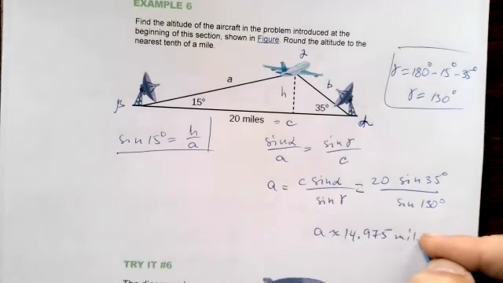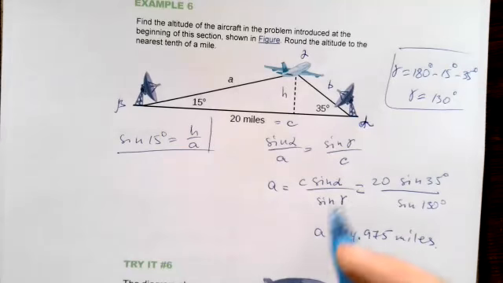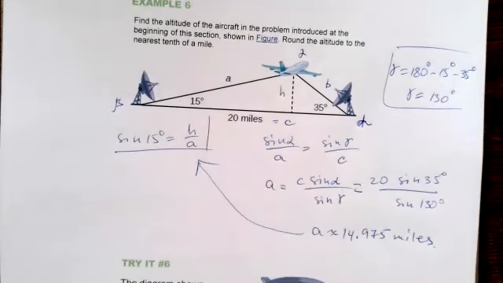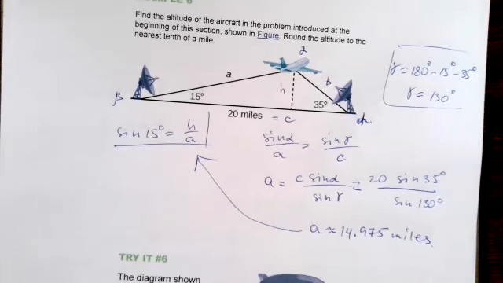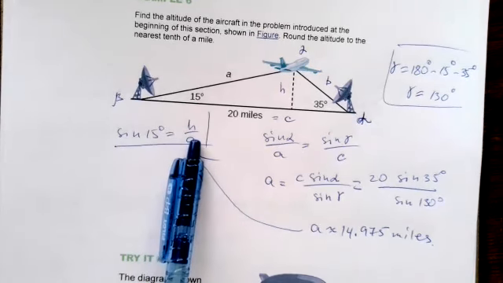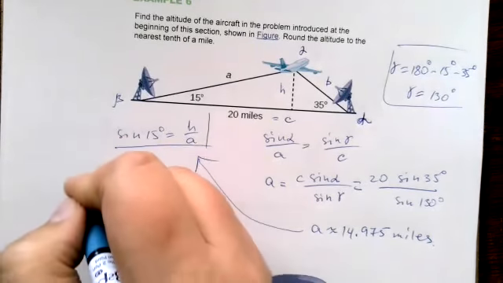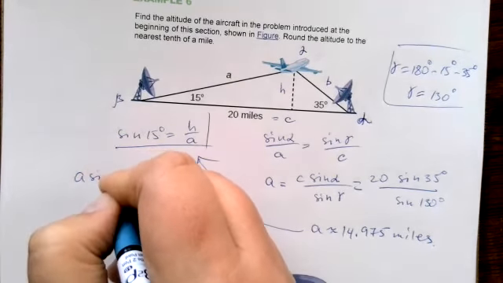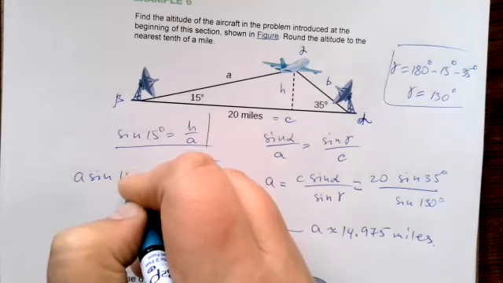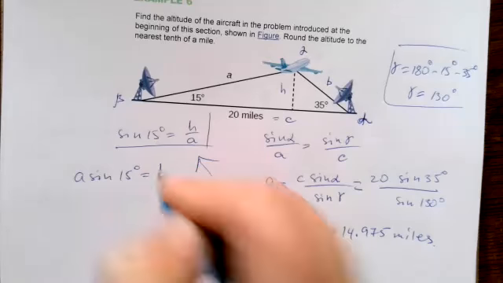So now I can go ahead and substitute it in here in order to solve for H. First, I want to multiply both sides by A. I'm going to have A sine of 15 degrees equals H.